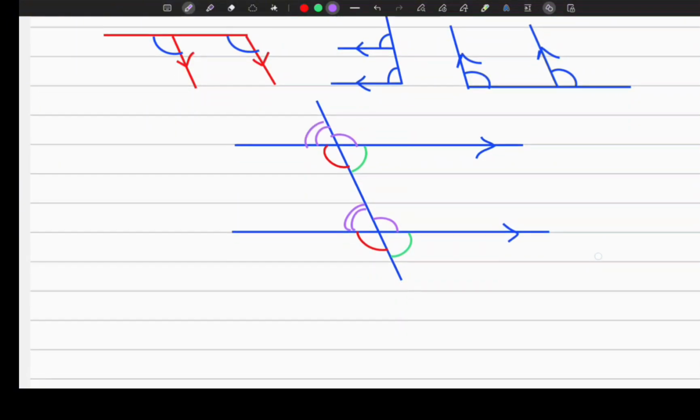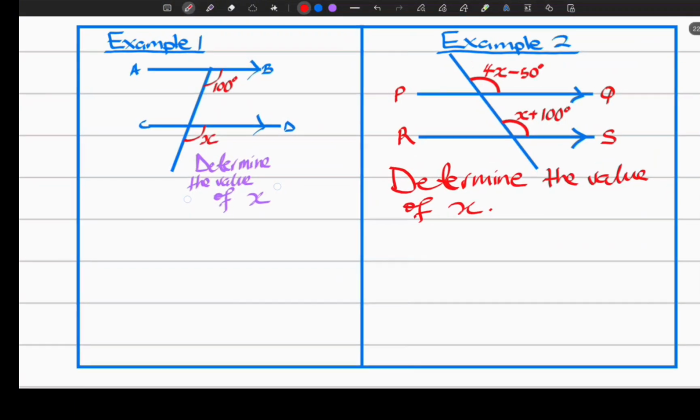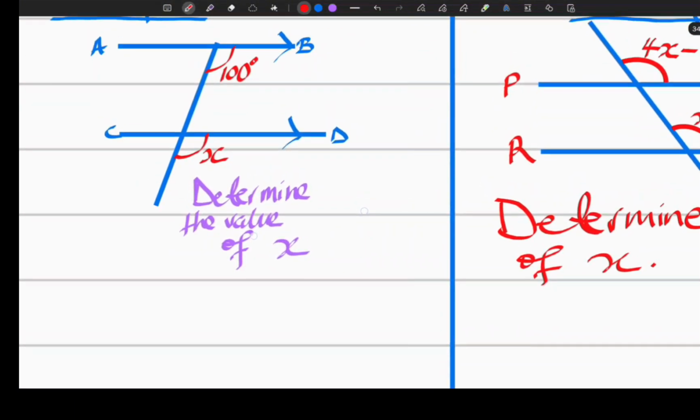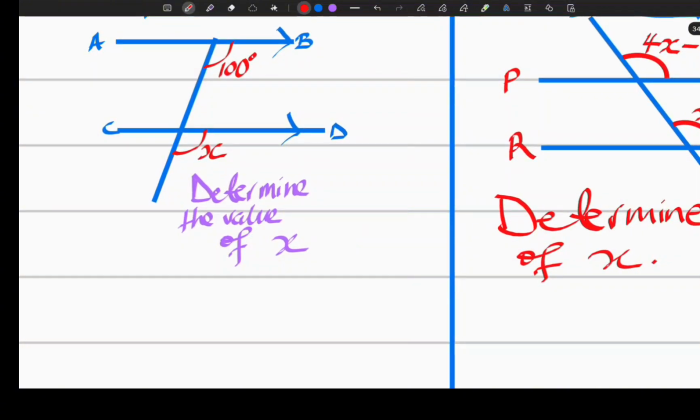Now let's look at two examples. In the first example that we're going to discuss, we have two parallel lines AB and CD, and our aim is to determine the value of x. Now, if I'm going to highlight the letter F in this diagram, this is what you would see.